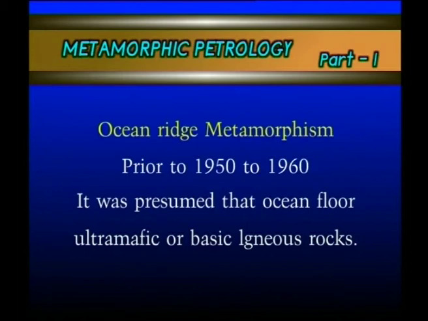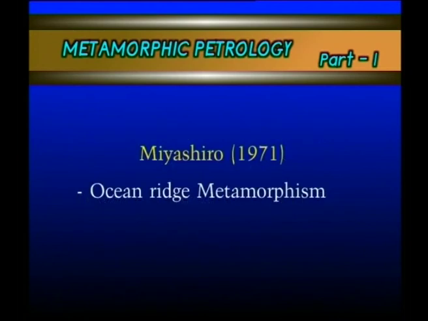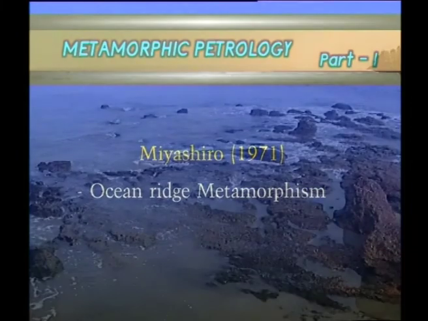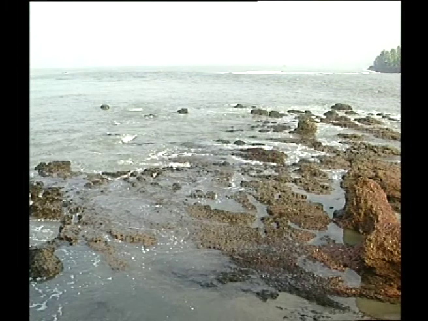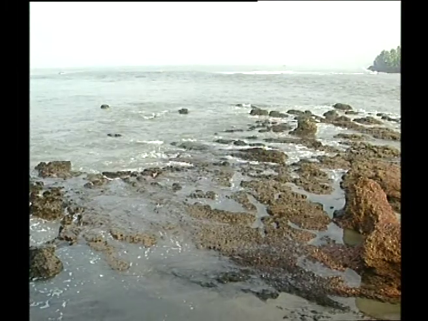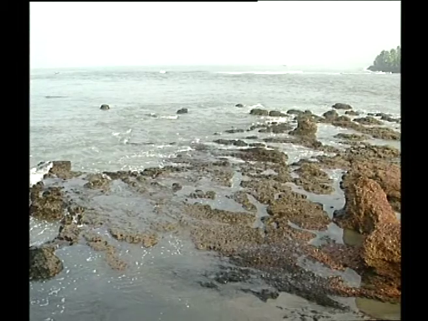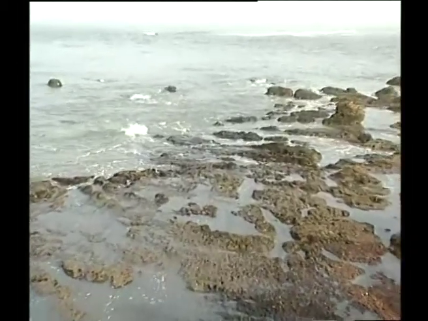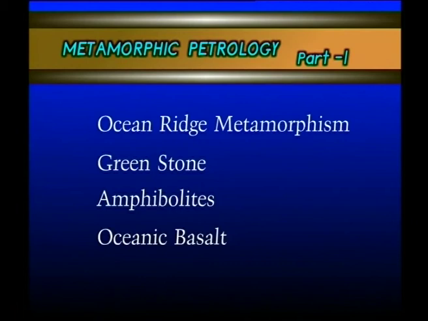But after deep sea drilling, Miyashiro reported metamorphic rocks of basic composition along the ridges, where there is always a thermal imprint. Whatever basic or ultrabasic rocks are changed into metamorphic rocks. These metamorphic rocks are normally greenstone or amphibolites, equivalent to oceanic basalts.